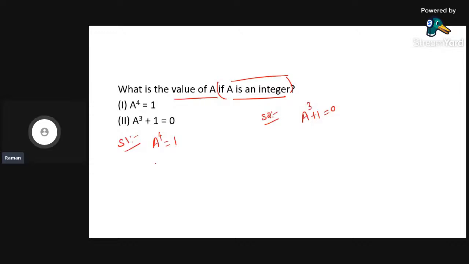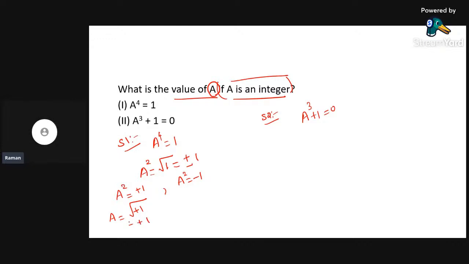First statement: a to the power 4 is equal to a squared. So a squared is 1 or minus 1, so I consider both. The square root of 1 is either plus or minus 1.